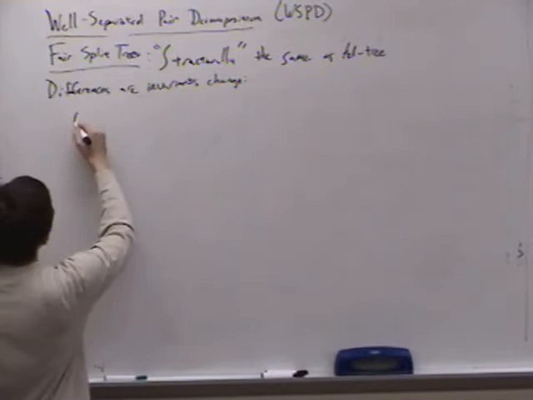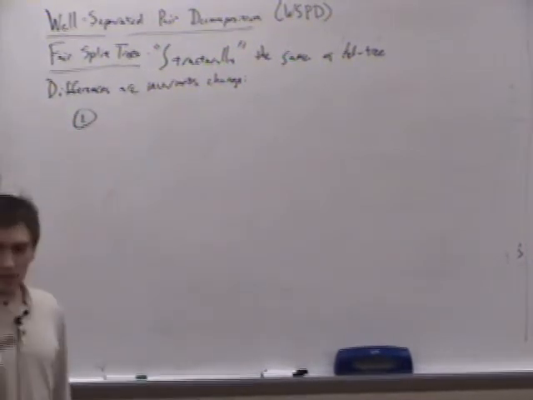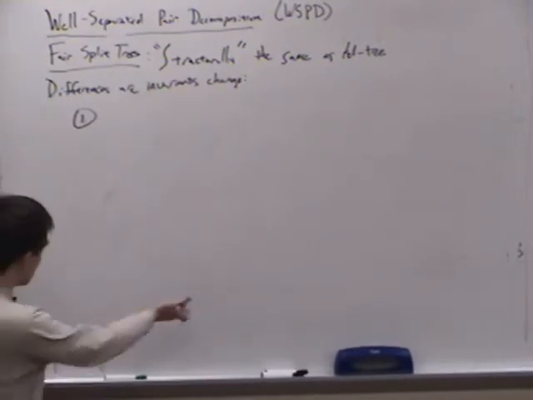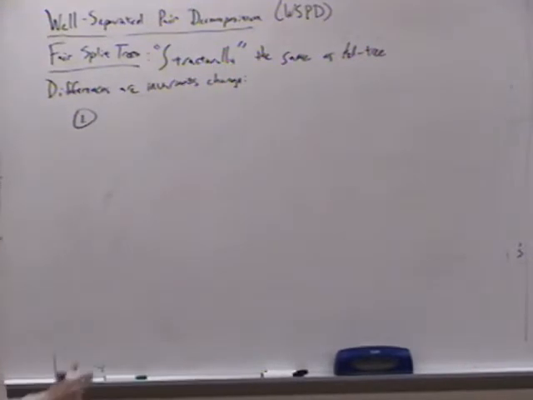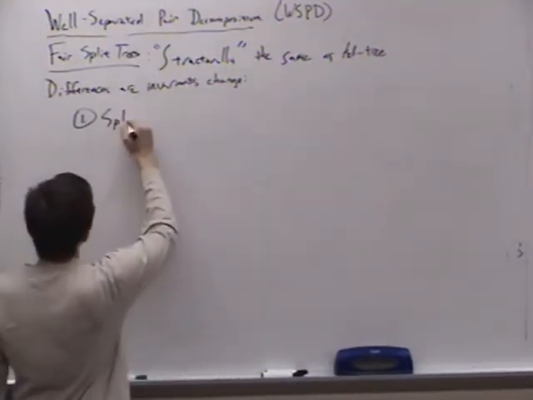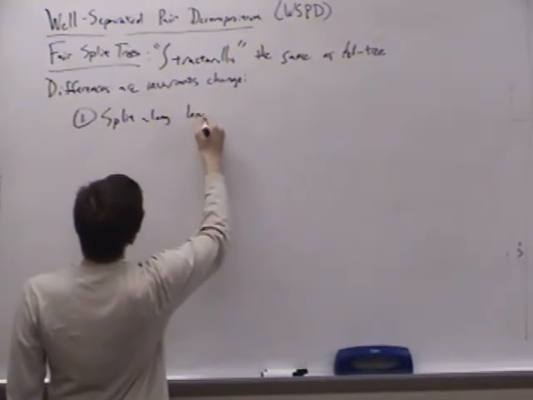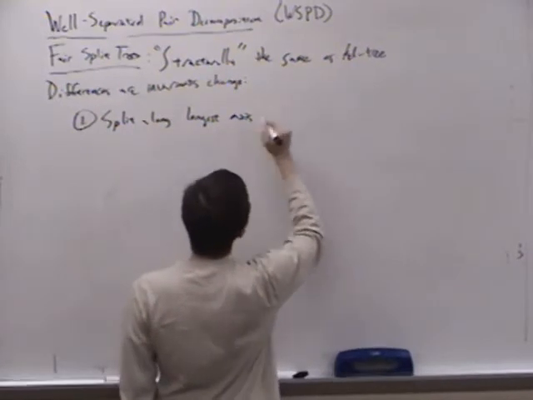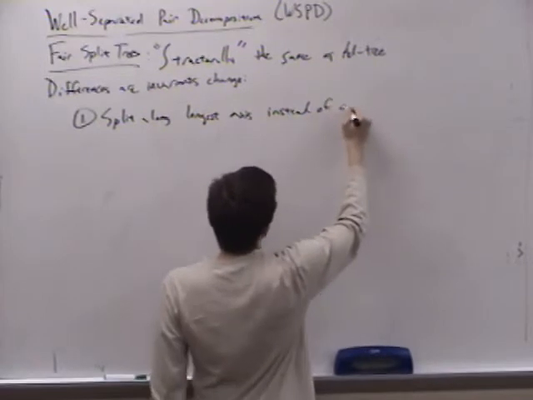Here, instead of cycling through the axes at each level of the tree, we're always going to split along the largest axis. So the first difference is that we split along the longest axis instead of cycling.